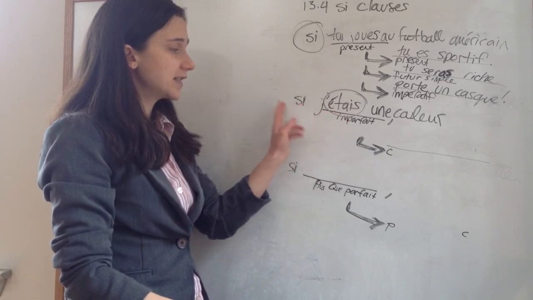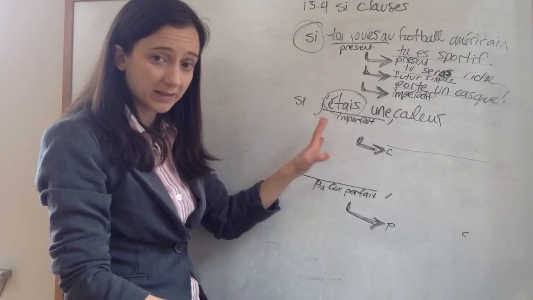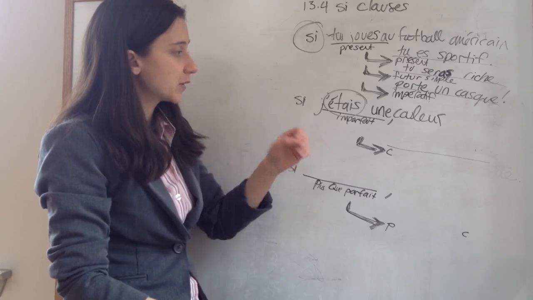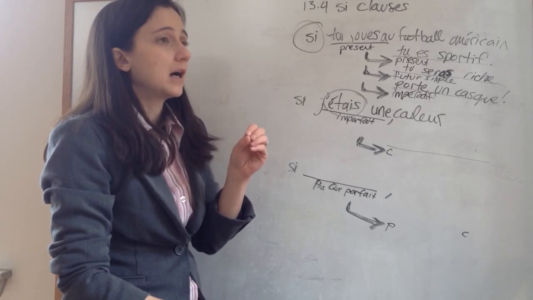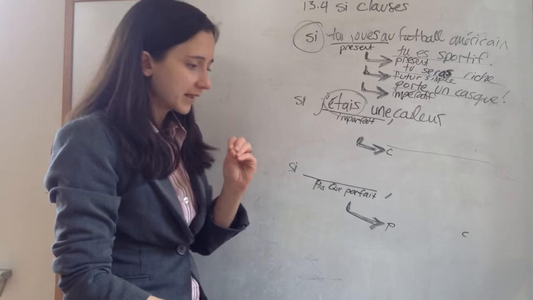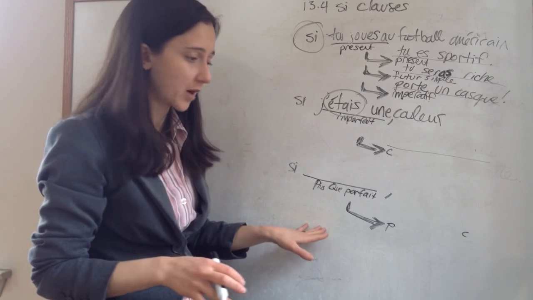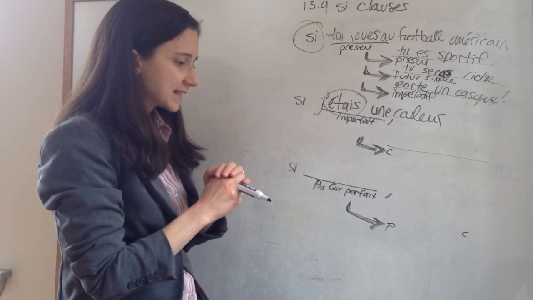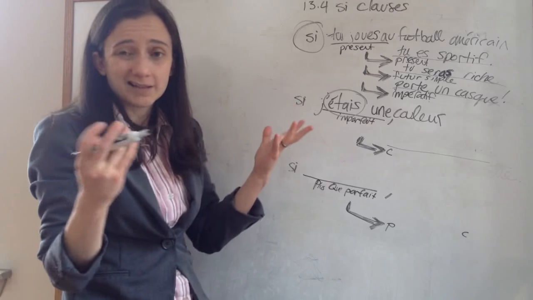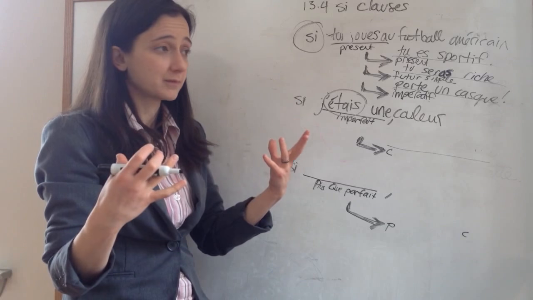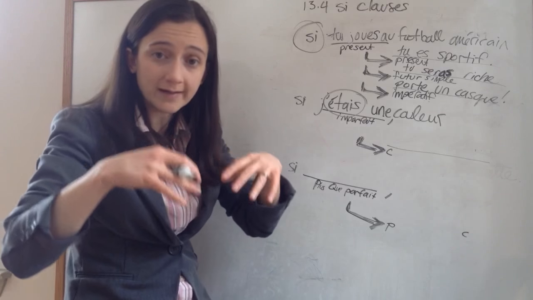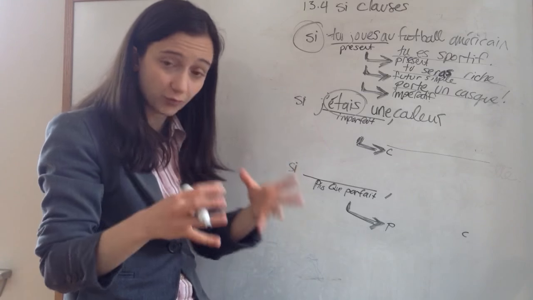If you have the si plus imparfait, a verb in the imparfait, you are talking about something that is contrary to the present. So you're still referring to the present, and this is important once we get down to the next part. But it's just not what's true right now. It's contrary to what is true right now.